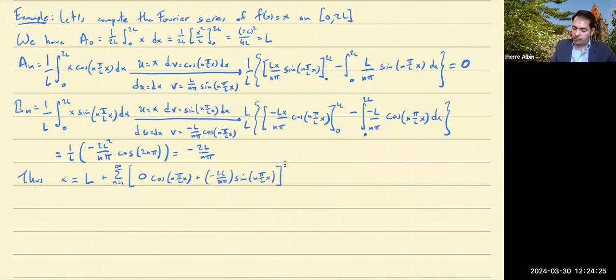Of course, there's no need to put that 0. So here I'll pull out minus 2L over pi, and I'm just left with a sum, n goes from 1 to infinity, of 1 over n sine of n pi over L x. Right, and we know this converges for all x's in the interior of that interval. Okay, let's do another example.